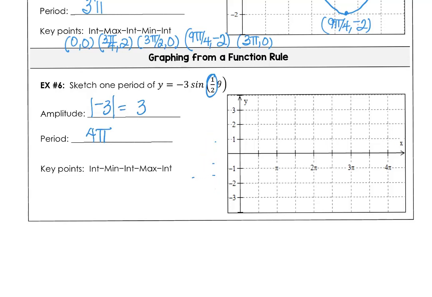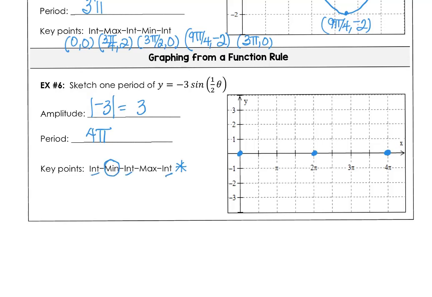So we'll see that this graph is stretched out pretty far. And we know what the key points are, and they're telling us the key points again here. So if we start at 0 and we stop at 4 pi, then halfway between is 2 pi. So we got the intercept, intercept, intercept.